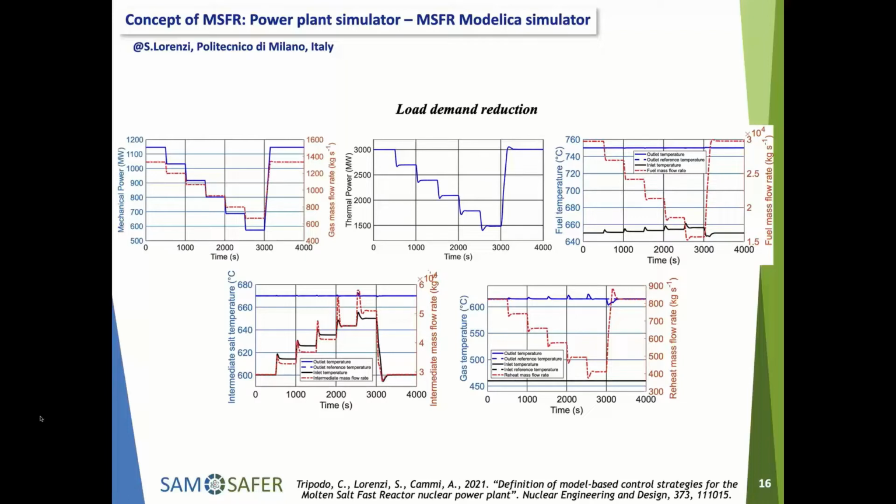You can see in the first two figures the mechanical power and the thermal power of the reactor, which are constantly reduced in different steps, and then also all the other variables: the fuel temperature, the intermediate salt temperature, and the gas temperature.